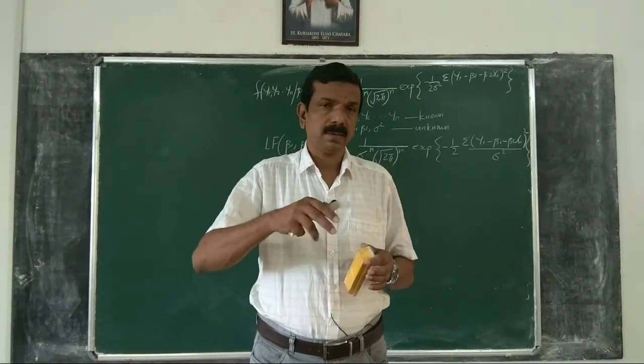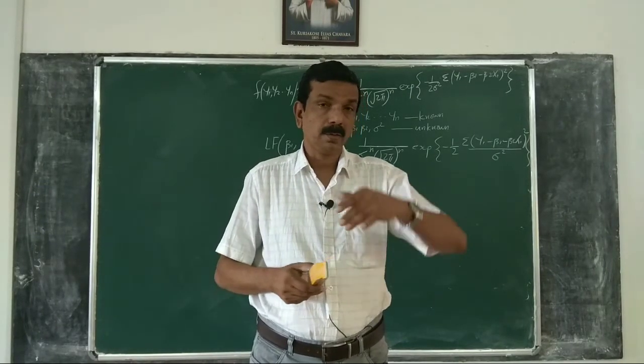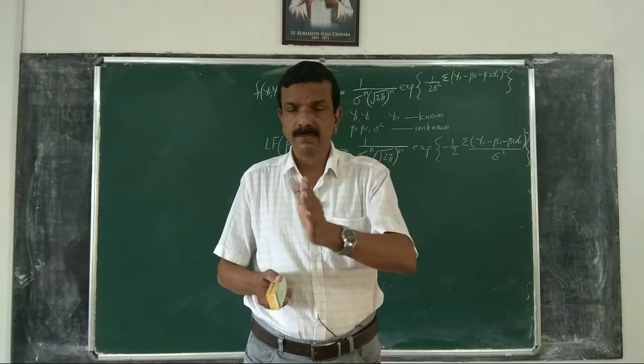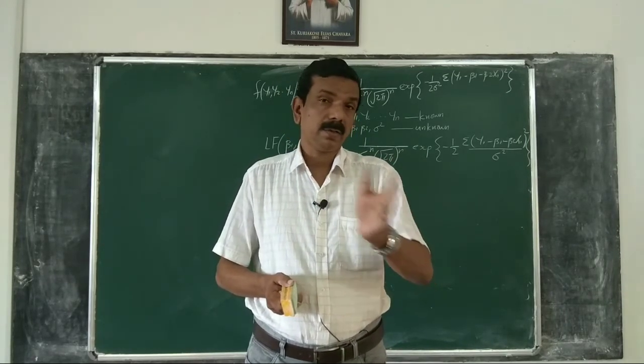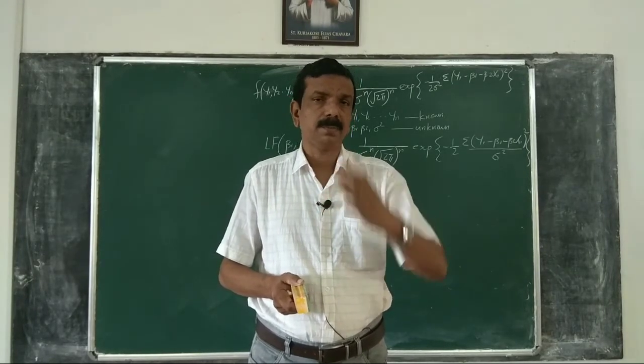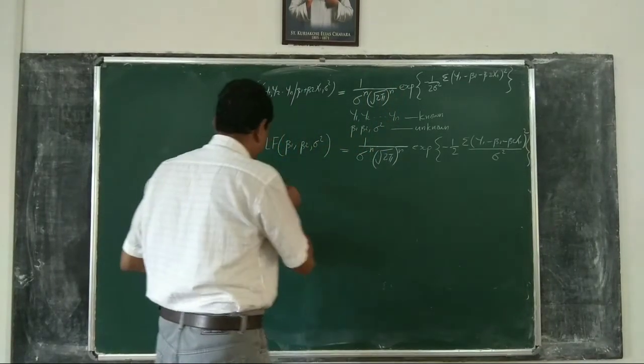The reason is the log function is monotonic, so the likelihood function and the log likelihood function attain maximum values at the same point. So we write ln LF.